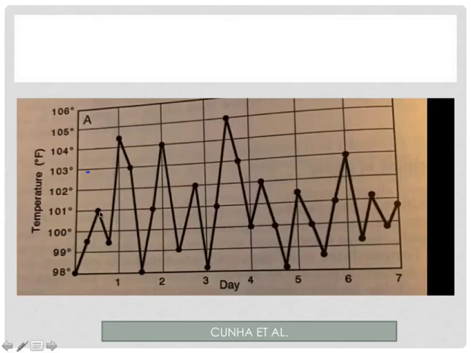They have a fever spike on day one, but then on the same day it comes back to normal. Then they have a fever spike again, and it comes back to normal. They keep having a fever, but it always comes back to normal within 24 hours.